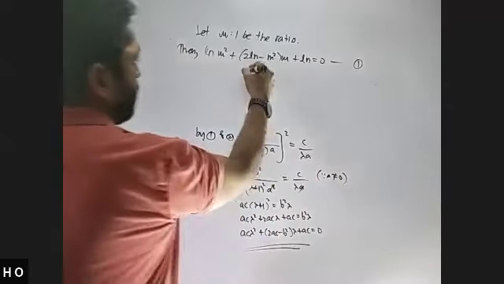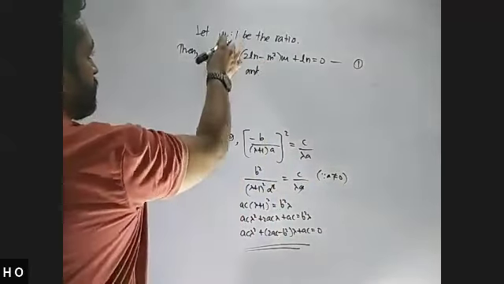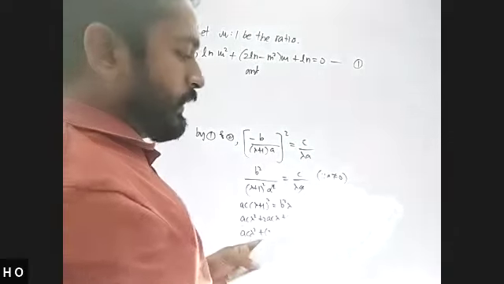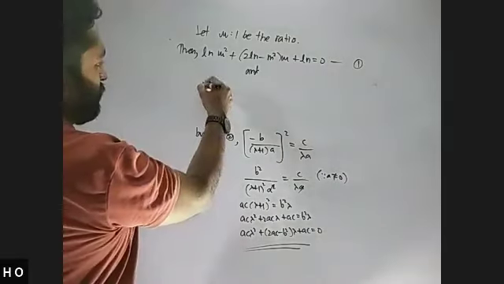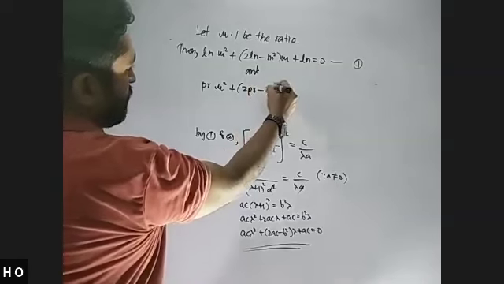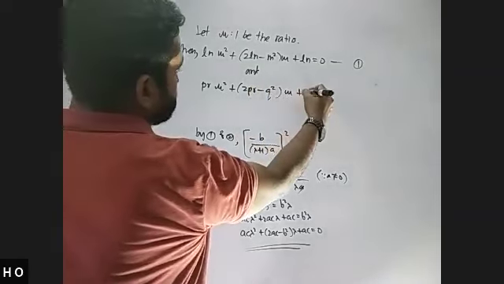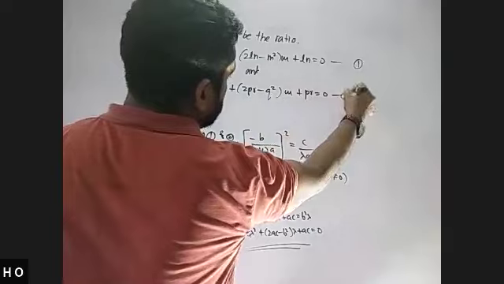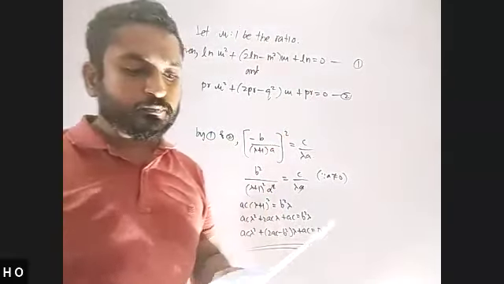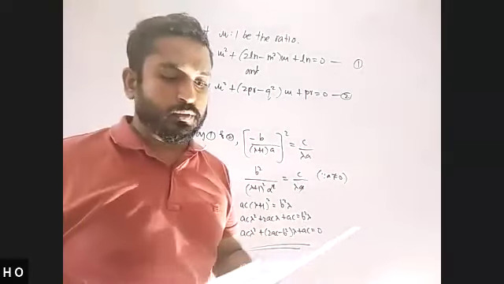That is the first one. And for the second quadratic equation, it is going to be pr mu squared plus (2pr minus q squared) mu plus pr is 0. By these two, you have to go for the relationship.